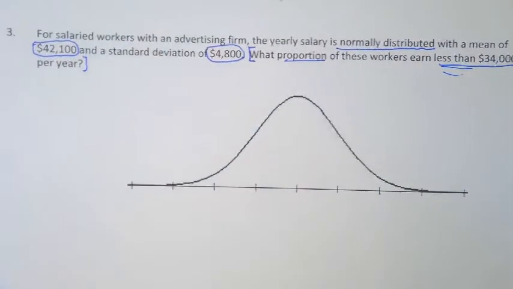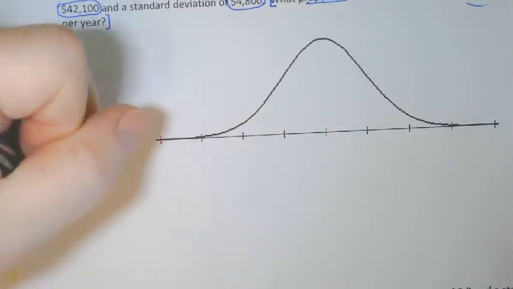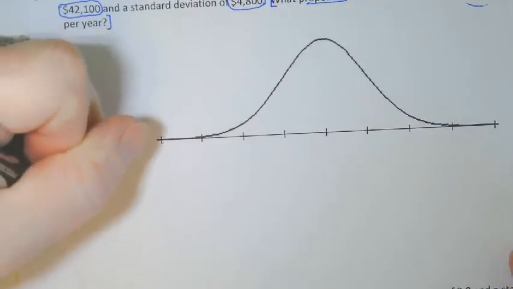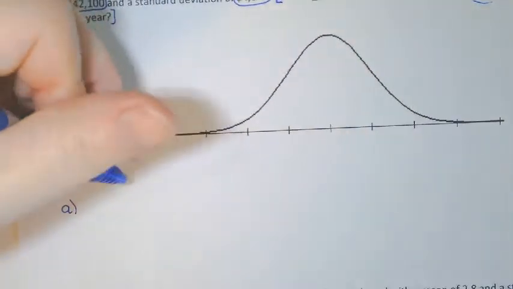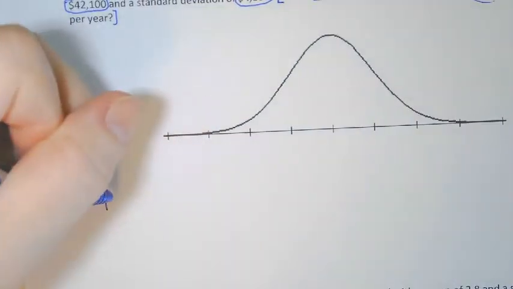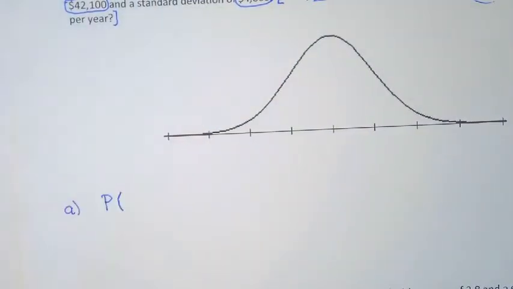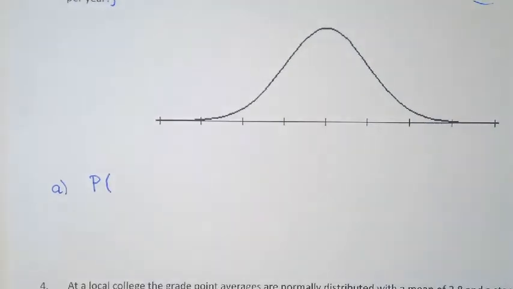To write what we're finding in probability notation, it's always going to start the same with a capital P, P for probability, and in parentheses, what we're finding the probability of.